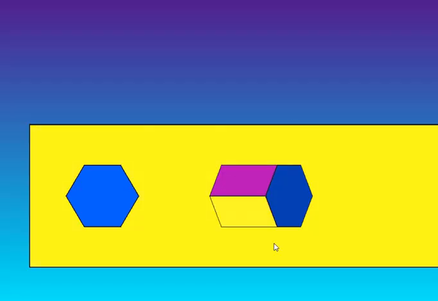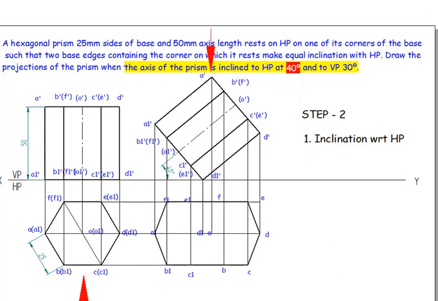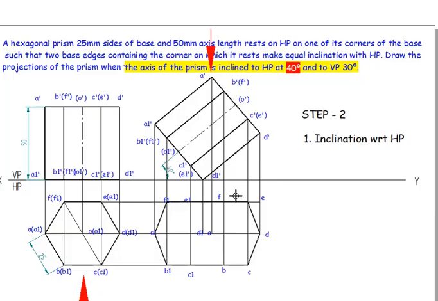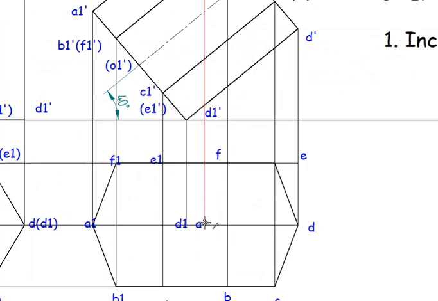So for us the nearest point is this one, which is nothing but A dash. So the line joining A dash to B dash, A to A1 dash, and to this point, which is nothing but the F point, is going to be a thick line. So A to B is a thick line, A to A1, A to F is going to be a thick line.